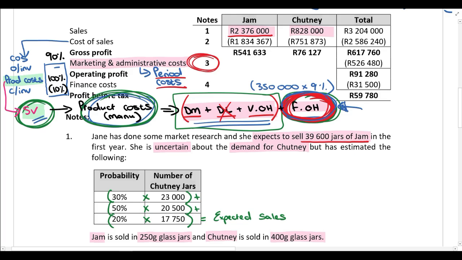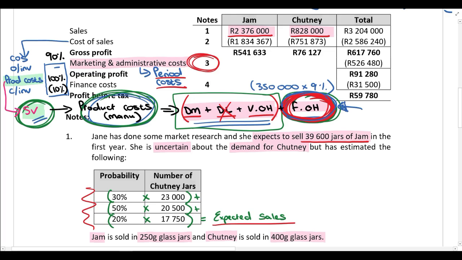Then for chutney, first we're just going to have to multiply all of these probabilities out over here and calculate expected sales. Then once we have the expected sales, we can take the total rand value of sales, divide by the expected sales in units, and that will give us the budgeted selling price per unit.